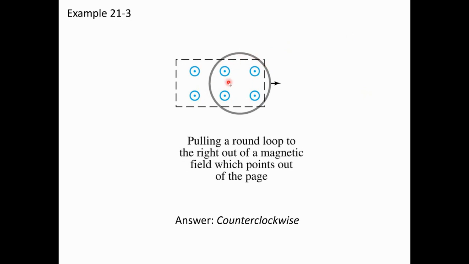We started out with a lot of flux pointing outwards, move this thing to the right, and then we have less flux pointing outwards. So the change in the flux was inwards. To oppose that, nature creates a magnetic field that points outward on the inside of the loop, and that's created by a current that's induced in the wire.